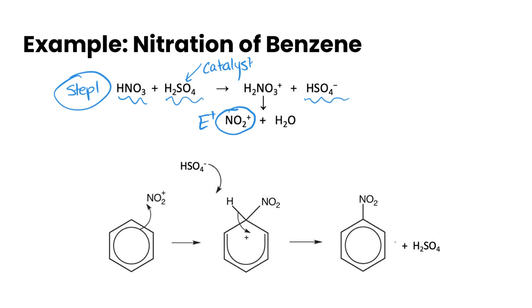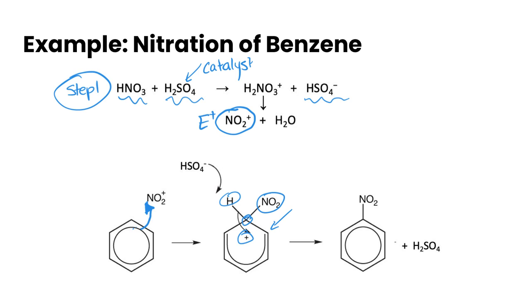Okay, so in our first step of our mechanism here then, the electrons from the pi bonds are going to attack our NO2 plus electrophile. It's going to create our carbocation intermediate with both the NO2 and the hydrogen attached to this carbon with a positive charge and our half ring here.